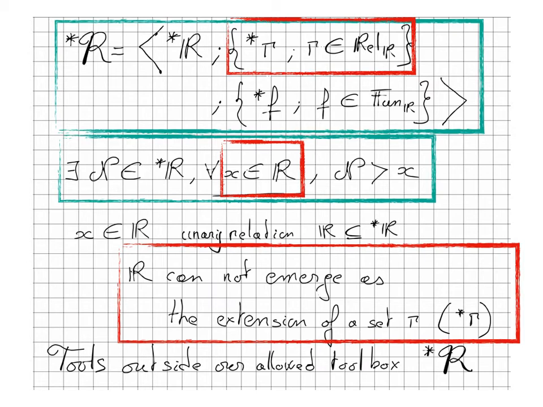Basically, think of *R as a toolbox we are given to build sentences on the hyperreal numbers. When writing this sentence, we are using tools which are outside the toolbox we have been given, which is why the statement is not transferable, and therefore the existential transfer does not apply here.